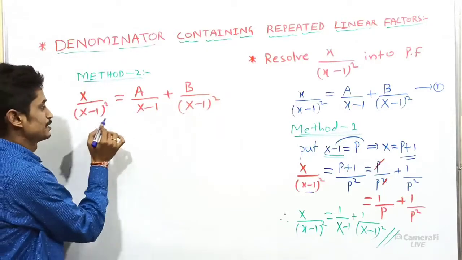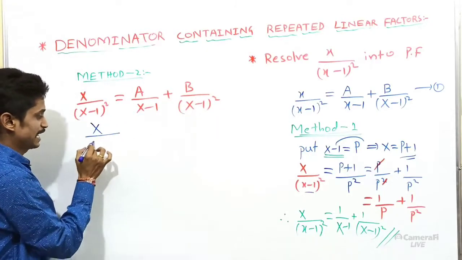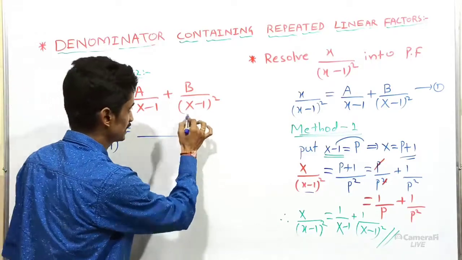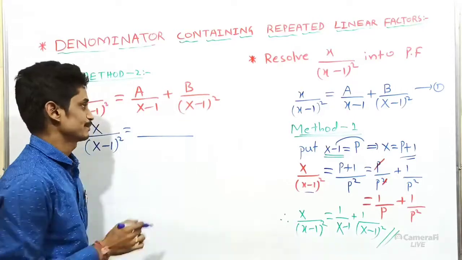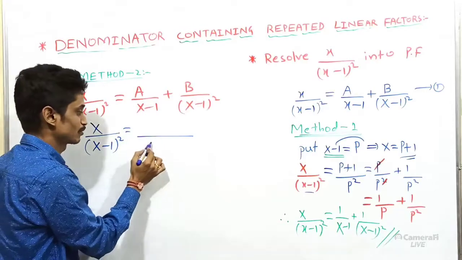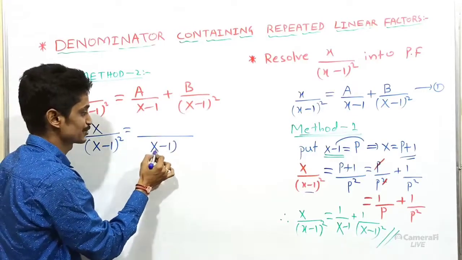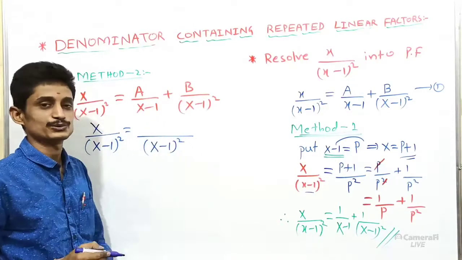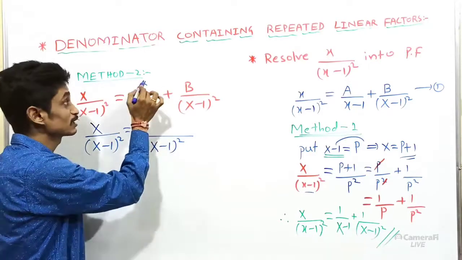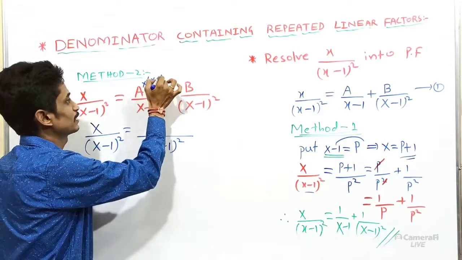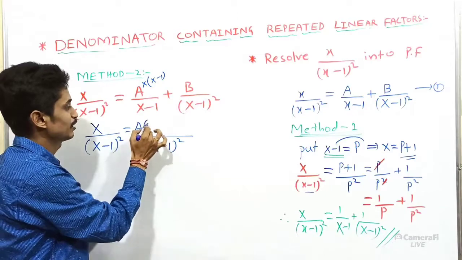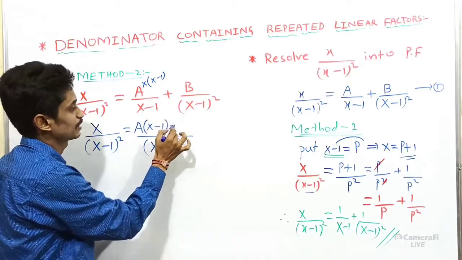After this, LHS writing as it is, just taking the LCM on the RHS side. So x minus 1 whole square, here only x minus 1. What will be the LCM? Just x minus 1 whole square. Now what can we multiply to a? Only one x minus 1 term we have, so multiply one more x minus 1. It means a times x minus 1.